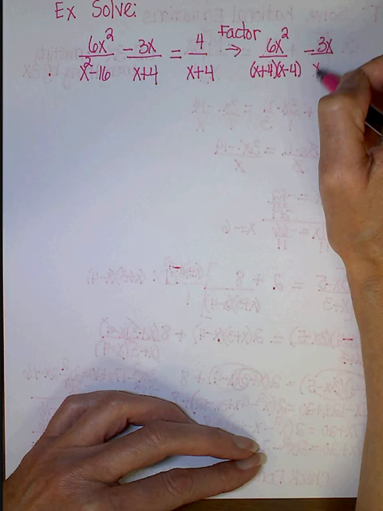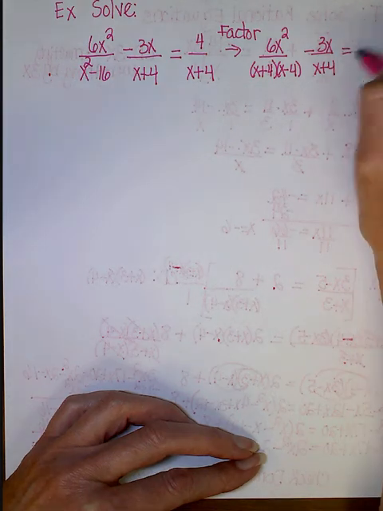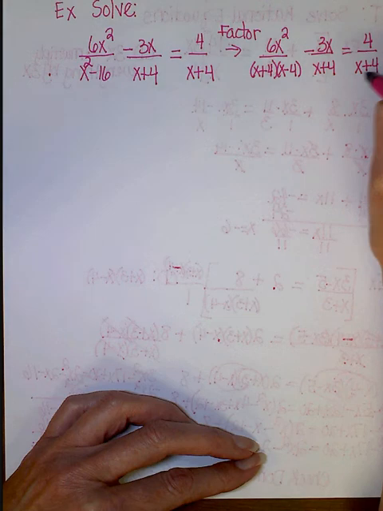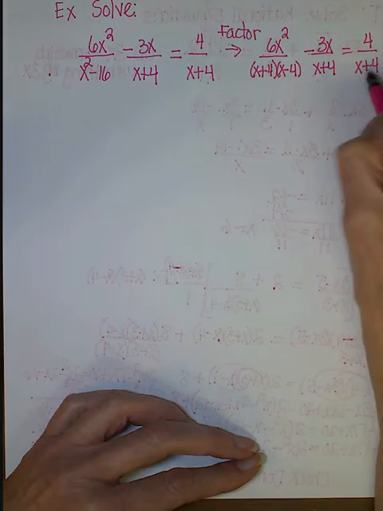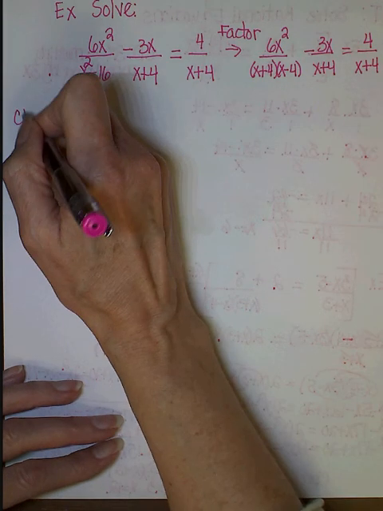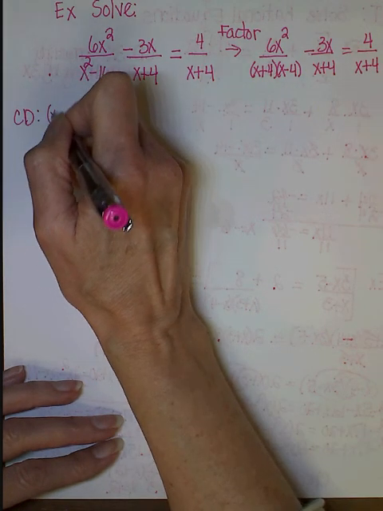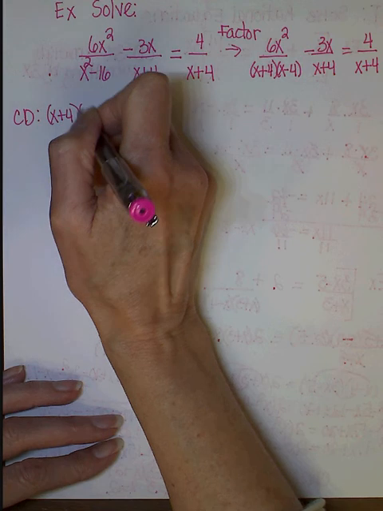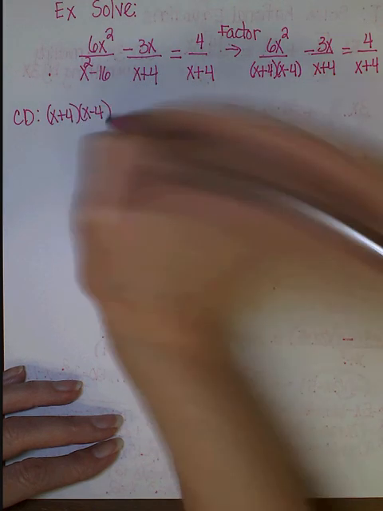Alright, and nothing else we need to factor. So we know we have an x plus 4, and that'll take care of all these, but we also need an x minus 4 for the common denominator. Okay, so we'll have an x plus 4 times an x minus 4 for our common denominator.